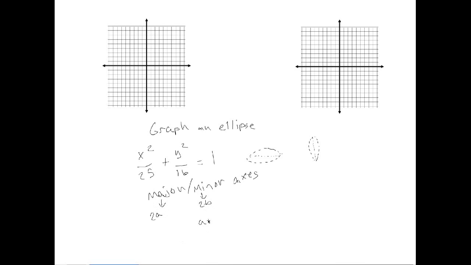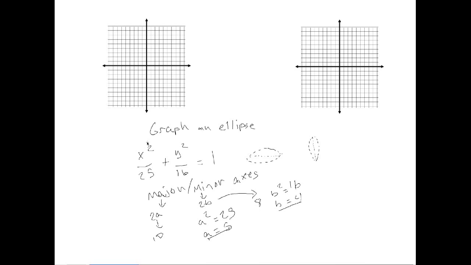Well, since a squared equals 25, that means that a equals 5, and if b squared equals 16, then that means that our b is going to be 4. So, a, b. Our major axis length is going to be 2 times 5, or 10, and our minor axis length is going to be 2 times 4, or 8.